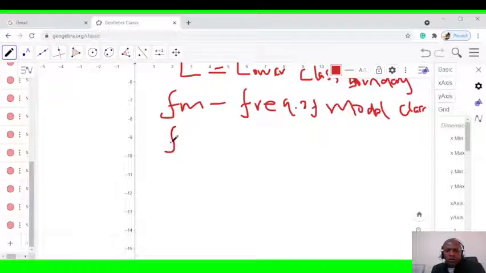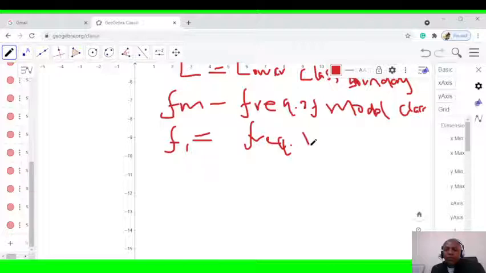Then F1 will stand for the frequency preceding or coming before the model class.